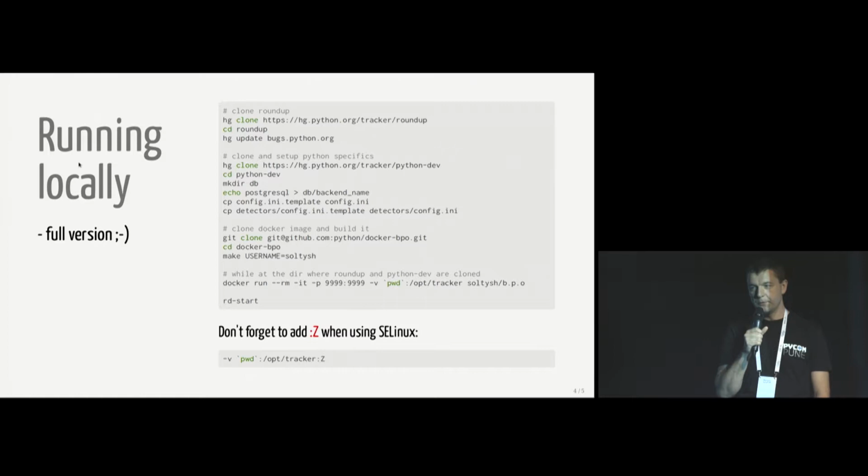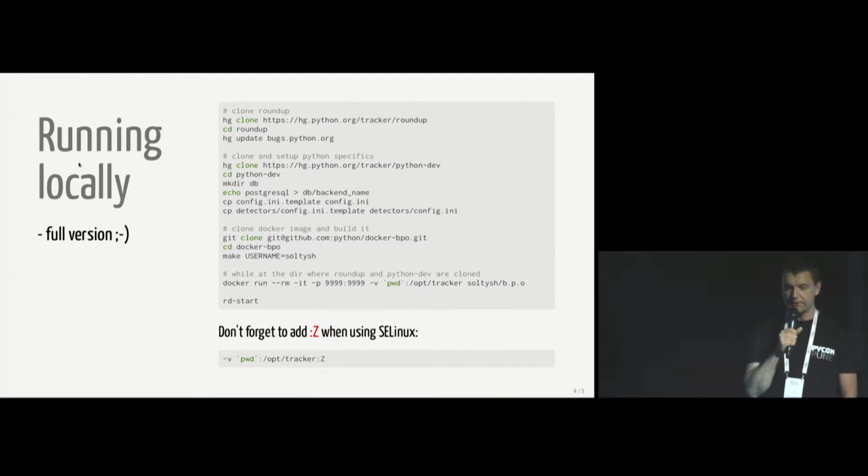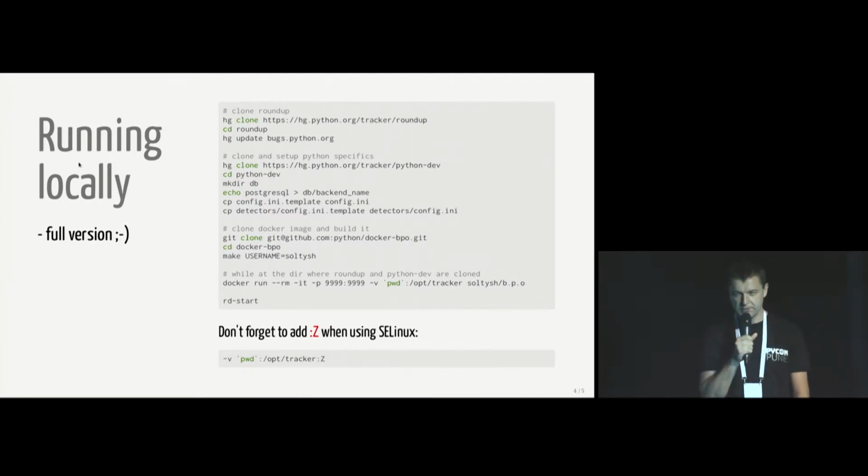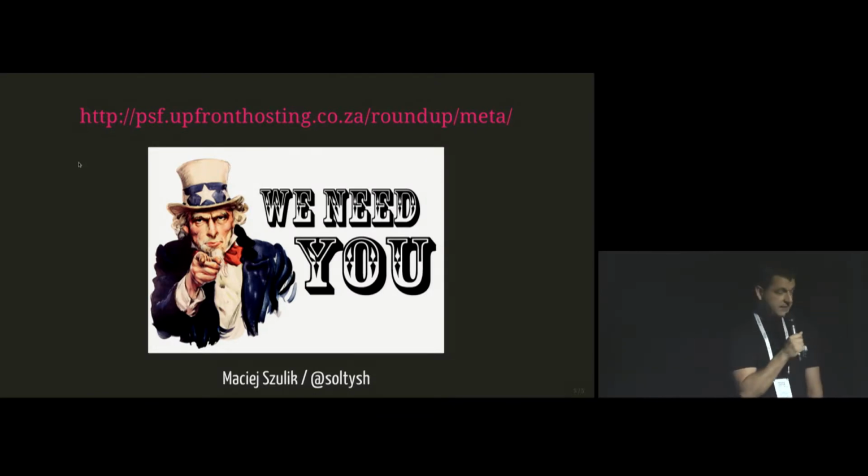Unfortunately, you still need to build the Docker BPO image locally because we haven't published it under the Python organization on Docker Hub, which I'm hoping will happen in the next couple of days. And if you're using Linux, don't forget to add :z. So that's basically it. This is the URL of the bug tracker for the bug tracker.